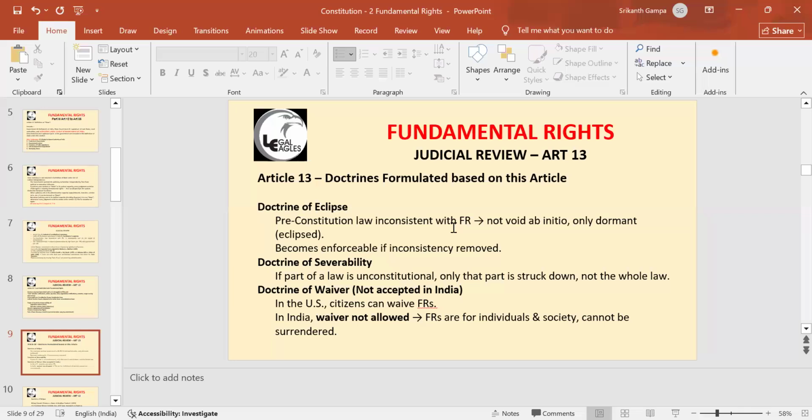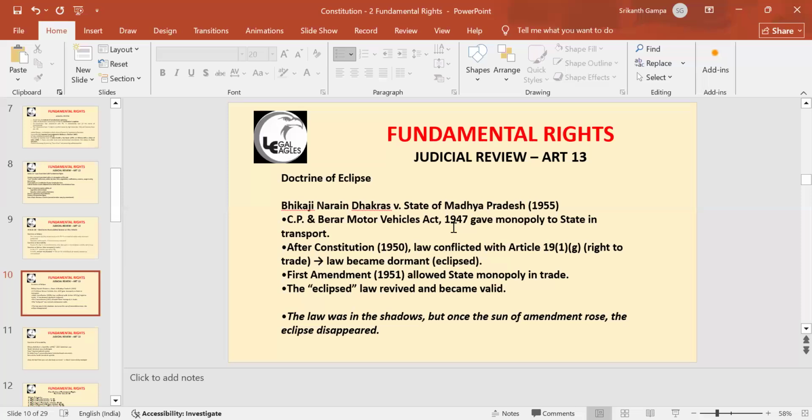Here, for the doctrine of eclipse, they will ask case laws. Bhikaji Narayan Dhakras versus State of Madhya Pradesh, CP Berar Motor Vehicles Act, 1947, gave monopoly to the state in transport.